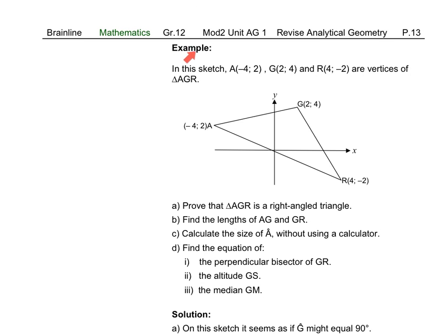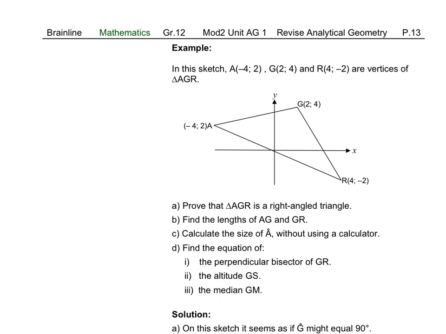Let's look at another example. We have a sketch with three given coordinates that are vertices of triangle AGR. Prove that triangle AGR is a right-angled triangle. So therefore, we will work with the gradients of the sides and multiply them with one another to get -1.